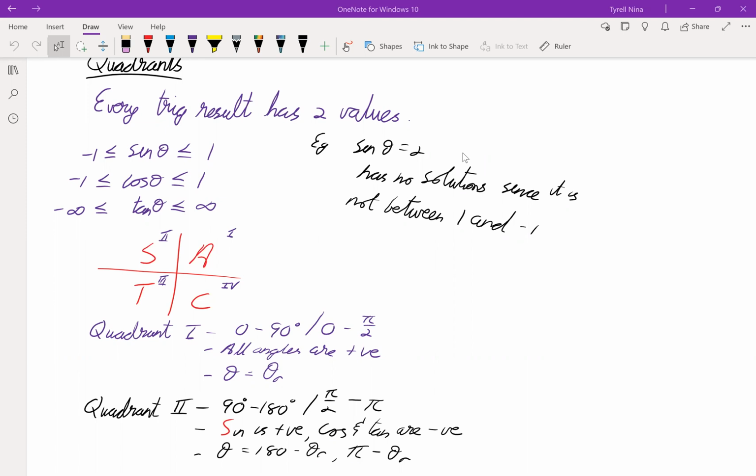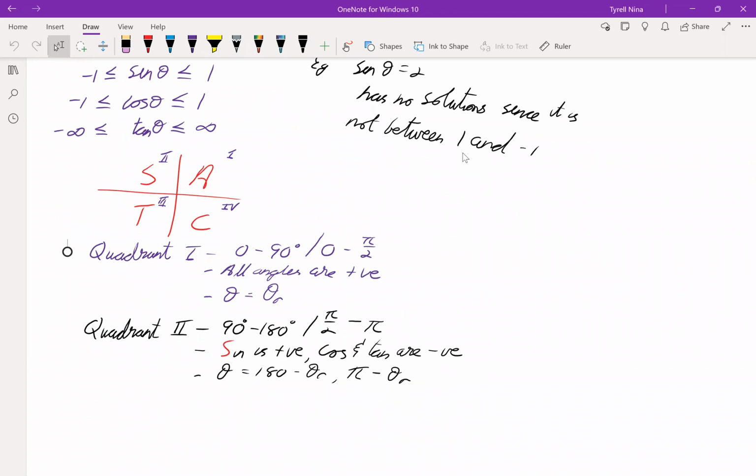So we have quadrant 3, which is 180 degrees to 270 degrees, or pi to, I should put an arrow here now. I'll make it an arrow, right? Just in case. Remember in class 2, you also thought it was a minus, right? So 3 pi over 2.